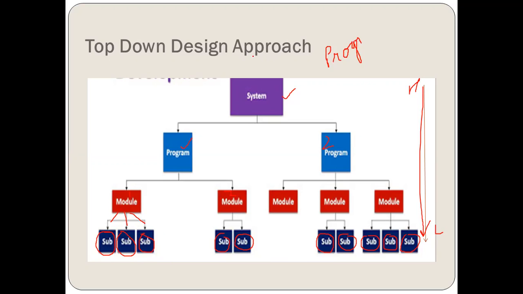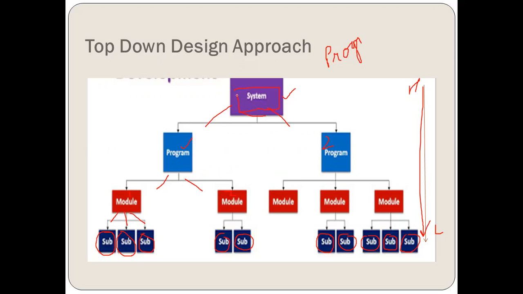So the mainstay of traditional procedural languages is the design, in which we specify complex pieces and then divide them into successively smaller pieces. And when I say successive, that means it goes on, right? The technique for writing a program using top-down methods is to write a main procedure that names all the major functions it needs. It will define all the major functions which are needed by this particular system, right?